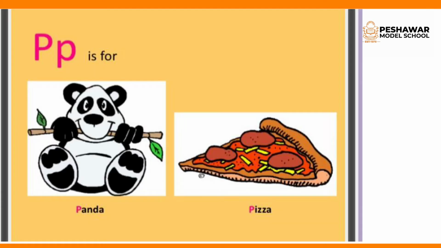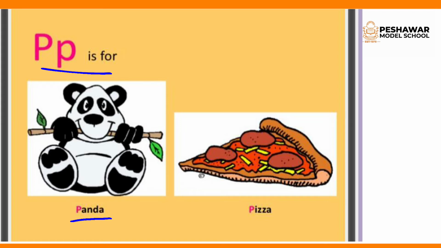Moving toward our next alphabet, that is capital P, small p. What is the sound of P? The sound of P is P. Look at the first one, an animal. This is panda, P-A-N-D-A.